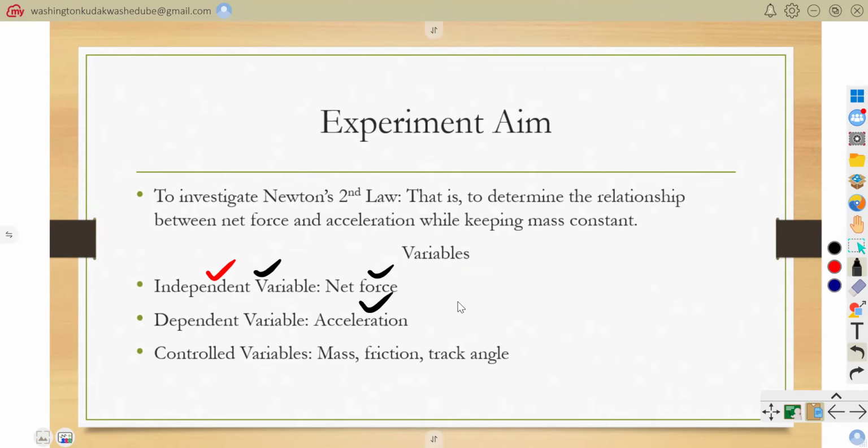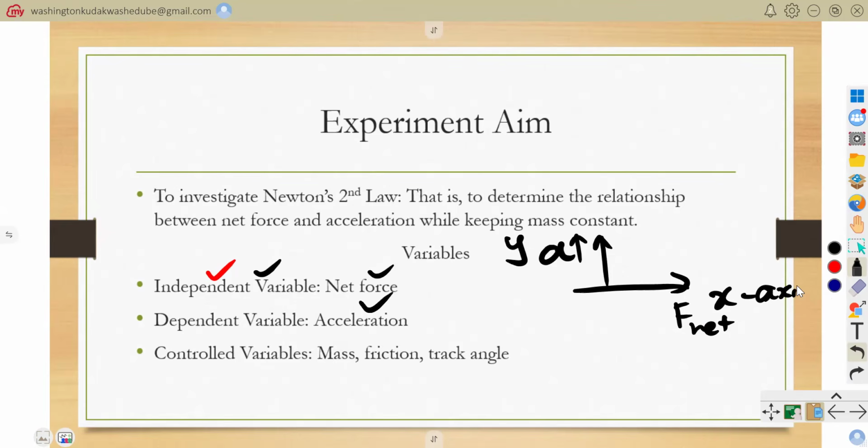After we have determined our independent variable and dependent variable, as we did with those graphs I was showing you, our acceleration would be on the dependent variable axis, which is our y-axis, and our net force would be on the independent variable x-axis.